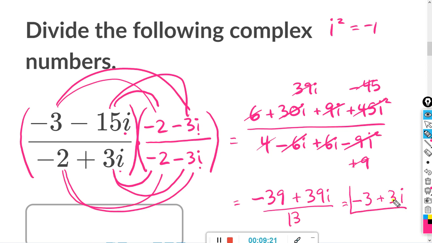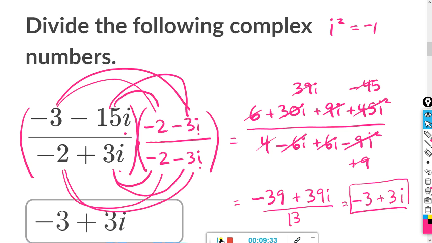So that's it. Okay, in the first problem, the numerator was not divisible by the denominator. But here you can see you can divide 39 by 13. So you just type -3 plus 3i in the box.